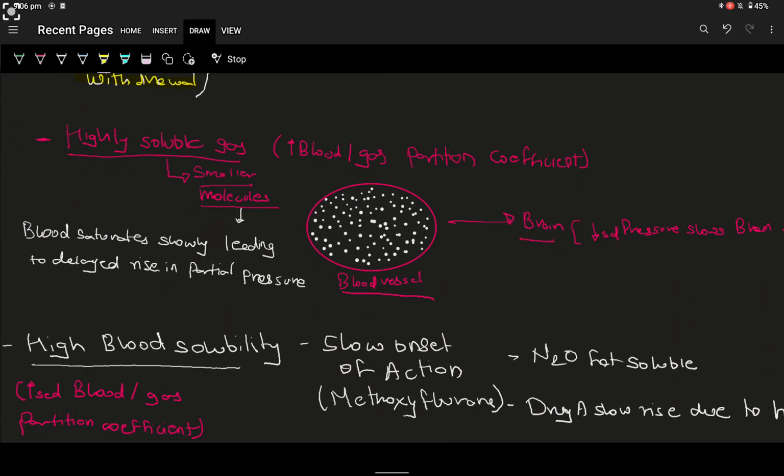In terms of highly soluble gas, there is increased blood gas partition coefficient. That is, they are taking a longer amount of time to have their effect. So they are smaller molecules and the blood saturates slowly, leading to delayed rise in partial pressure in the blood vessel.